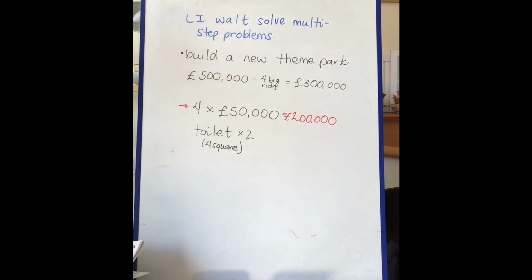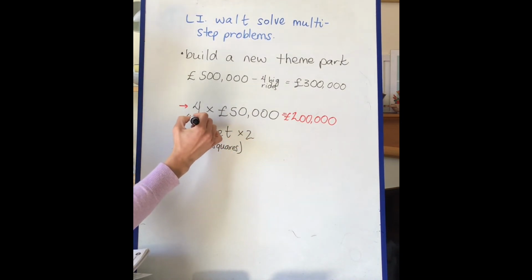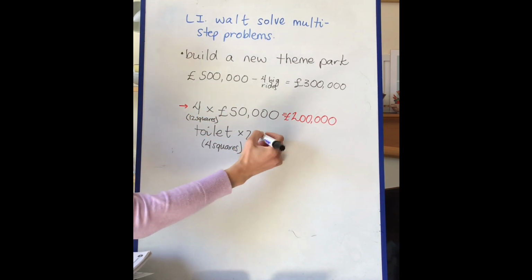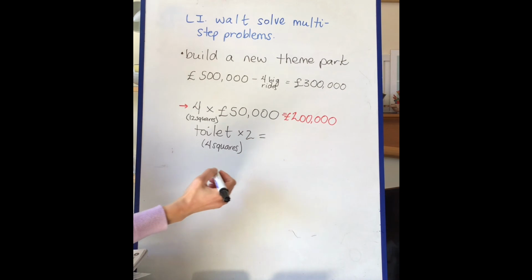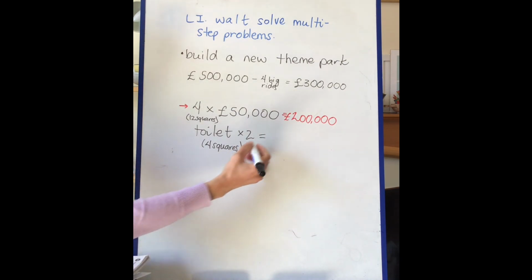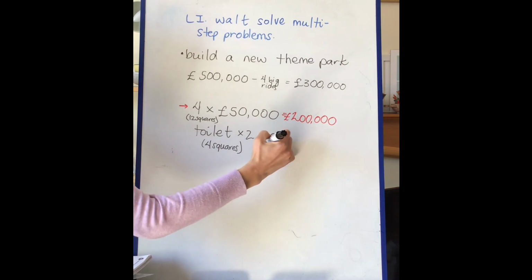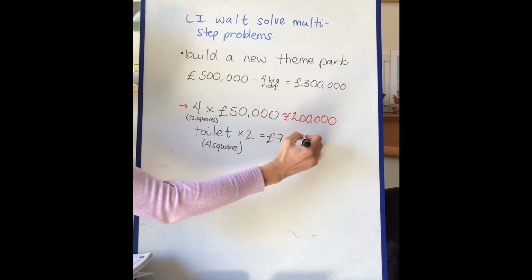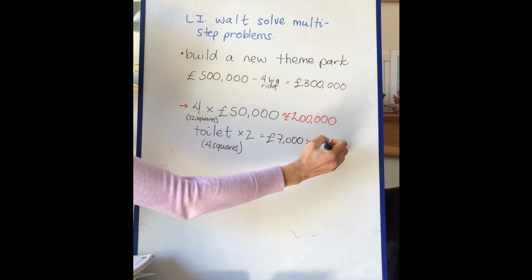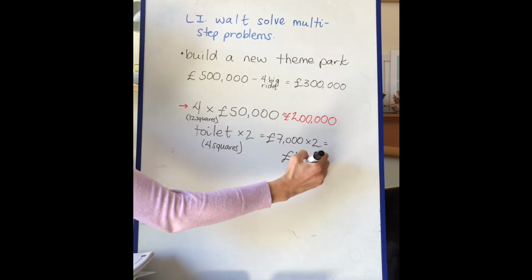Okay, each big ride takes up 12 squares of park. All right, but each toilet, so we have 2 toilets, they're going to be about £7,000 each. Toilet times 2 would be 7,000 times 2, which would be 14,000.